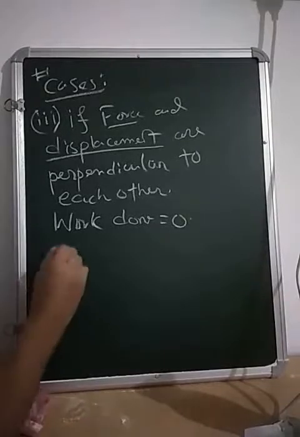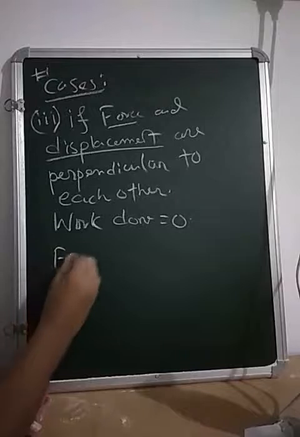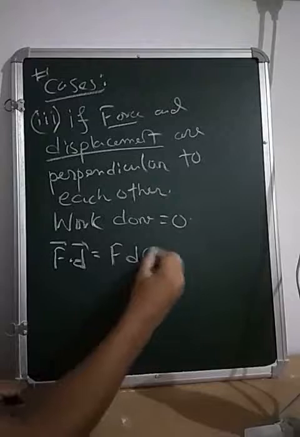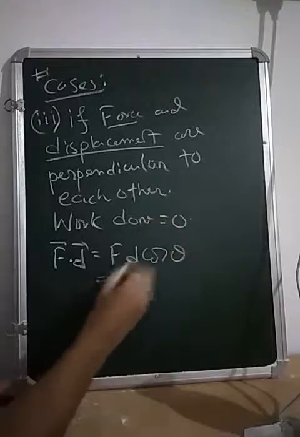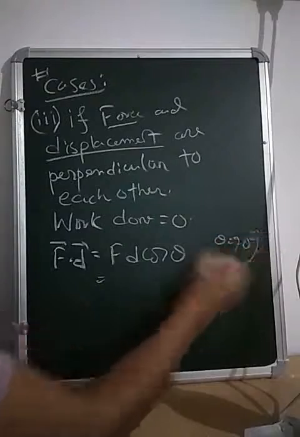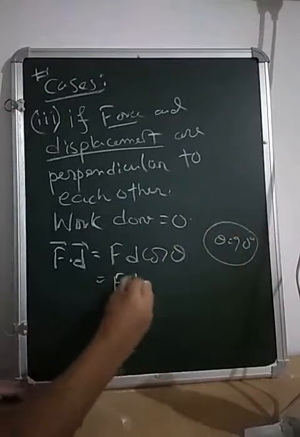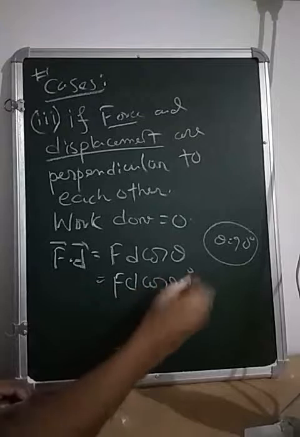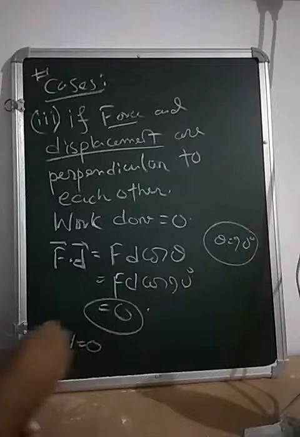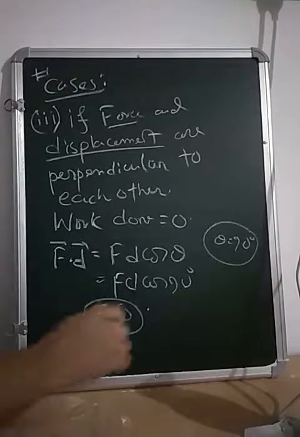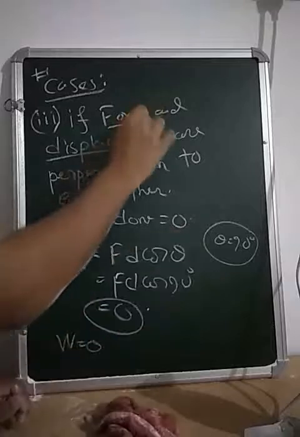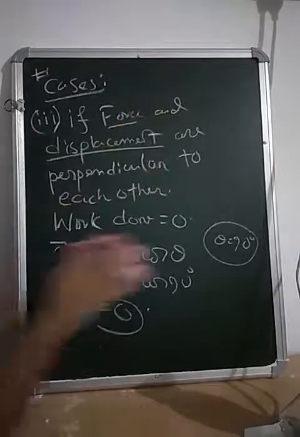Work done is F dot D, or you can write F D cos theta. Here theta is 90 degrees, since they are perpendicular to each other. So F D cos 90 degrees is 0, or W is equal to 0. When force and displacement are perpendicular to each other, the work done is always 0.